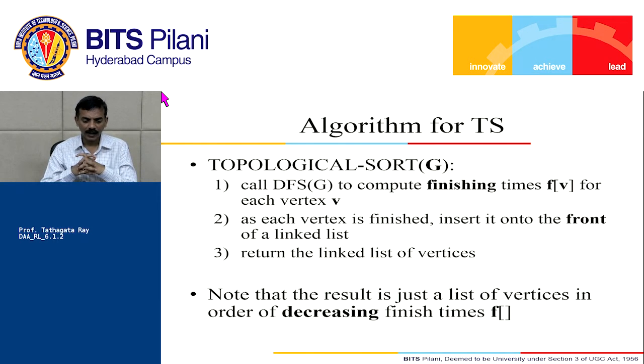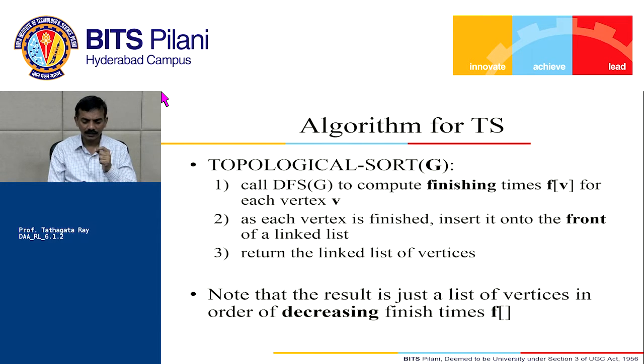And the claim is that the result is just a list of vertices in order of decreasing finish times. If you notice carefully, what you get is a linked list where the node which you inserted last has a larger finish time than all the nodes which are already there in the list.